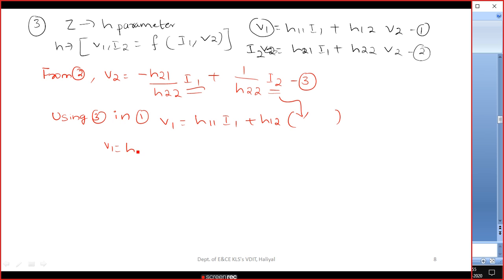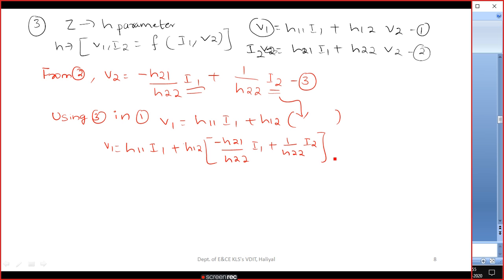This parameter will be the same, H11 I1. Plus H12 times minus H21 divided by H22 I1 plus 1 by H22 I2.